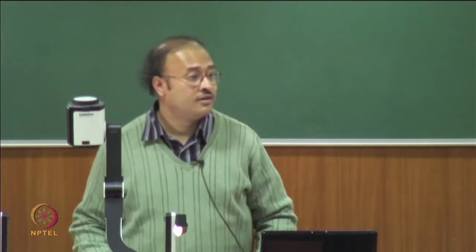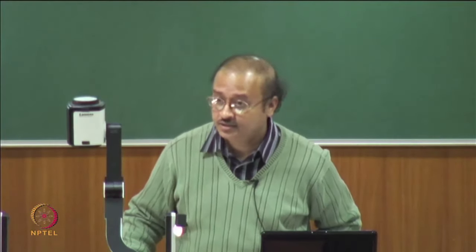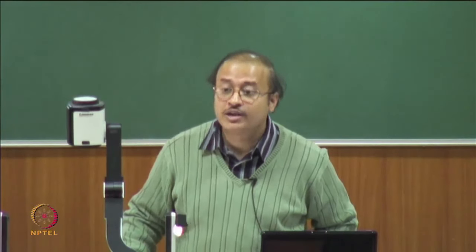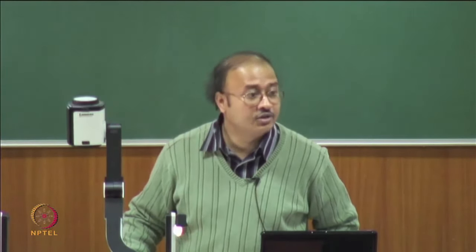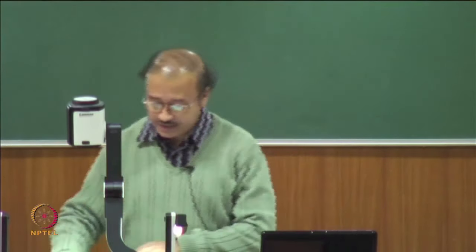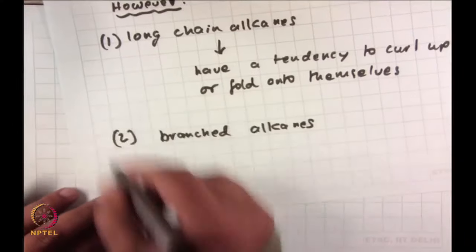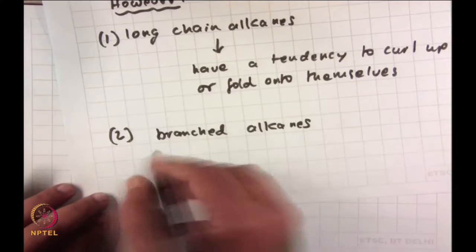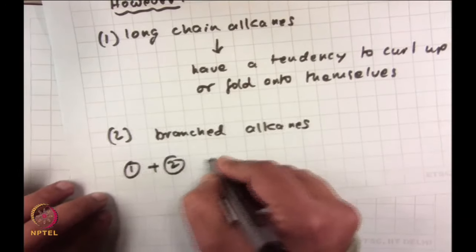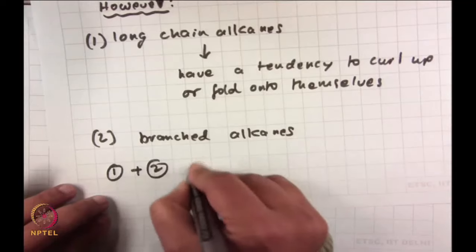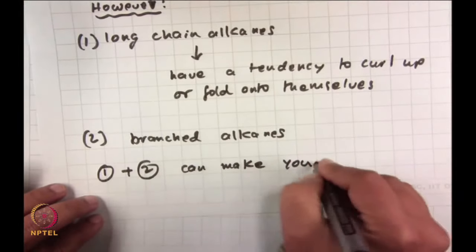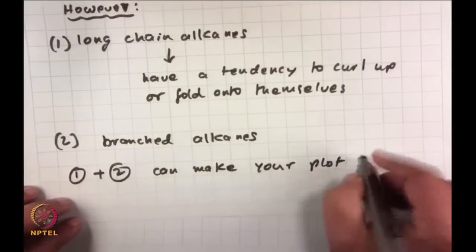And then there is no necessity that your delta G should exactly track your accessible surface area, that is, maintain the linear relationship. So that means 1 and 2, either or together, can make your plot non-linear.